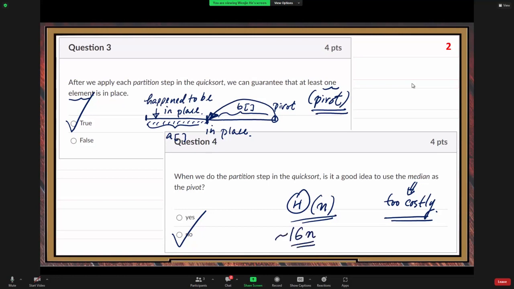So not worth it. Our usual partition is n, but the median is 16 times n. Too much slower.